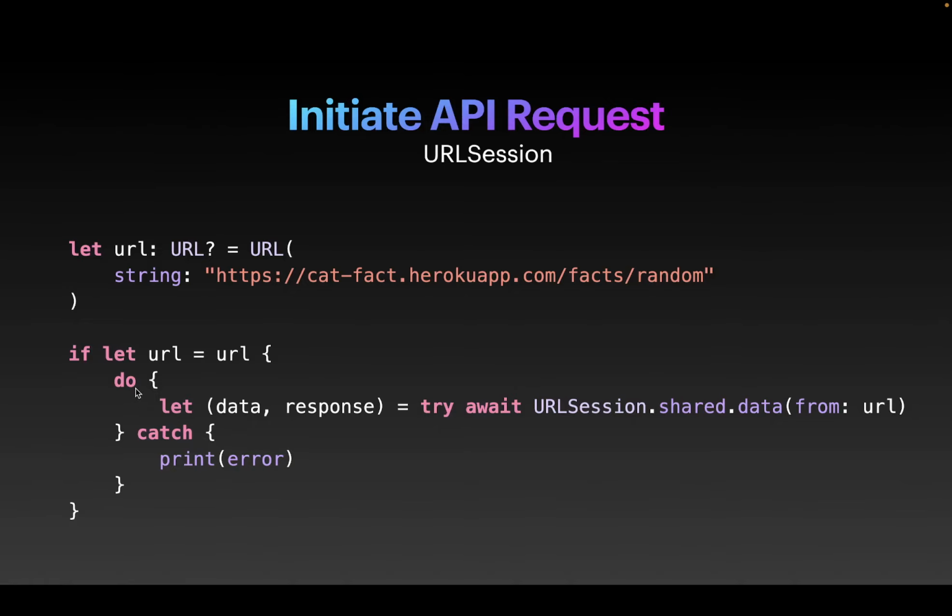You have to do a do-try-catch block. In this case, I just use try, but you would have to do the do and catch statements here. You can also print the error in the catch branch. There is a special variable named error, created by Swift and injected into your environment. You don't have to declare that variable. It's here in the catch branch, and you can just print that out. Is that clear?